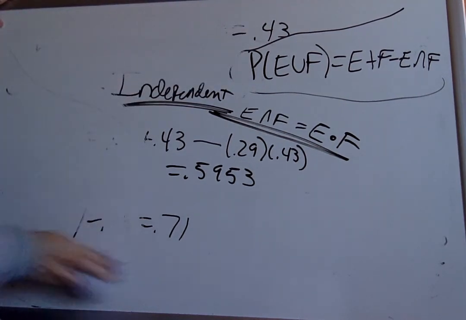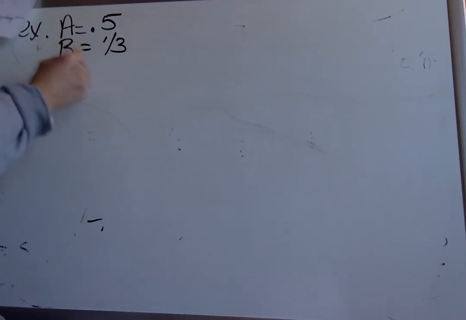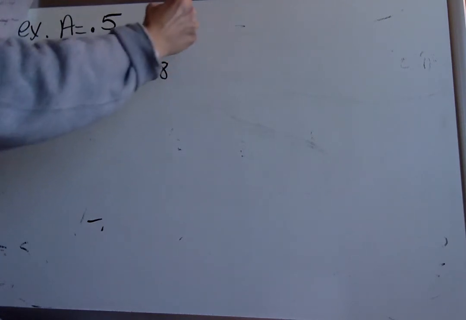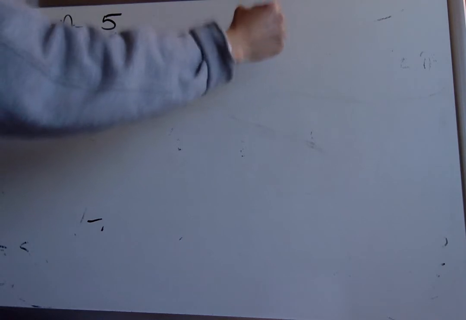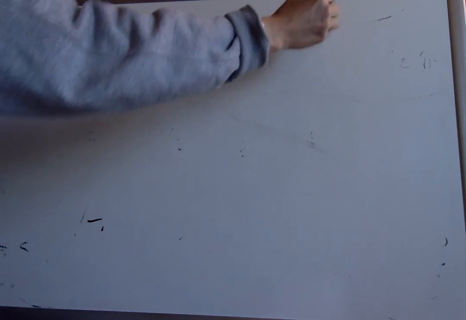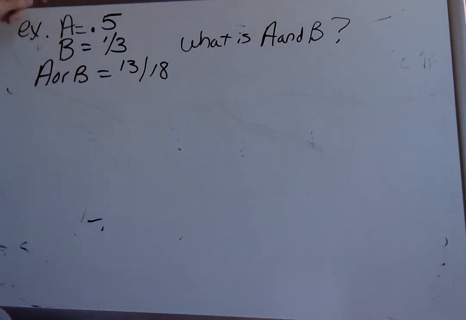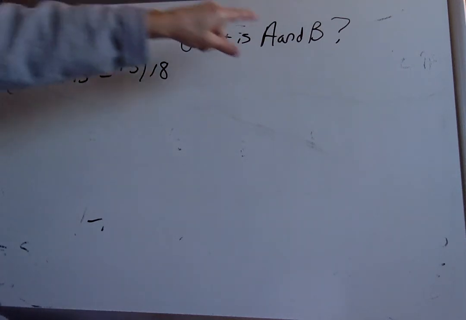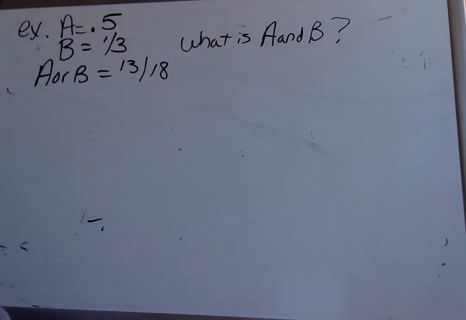I'm only showing you part of it, but I've given you A, I've given you B, I've given you the union, the or, and I'm asking you for the and.